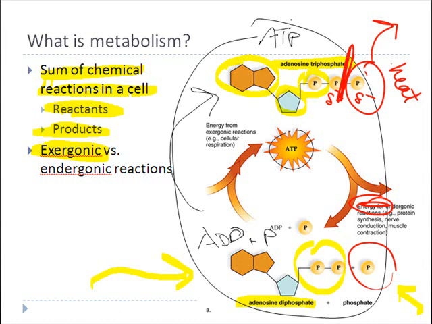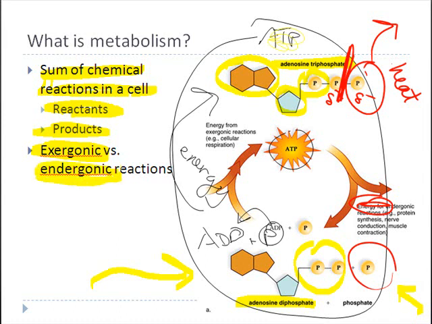And it does that by utilizing energy it gets from other places, such as from breaking apart the bonds of a glucose molecule, and that's what we're going to be talking about later in this lecture. So I have to utilize energy to force that phosphate group to rebond with ADP, and by doing that I create ATP. This is an example of an endergonic reaction.